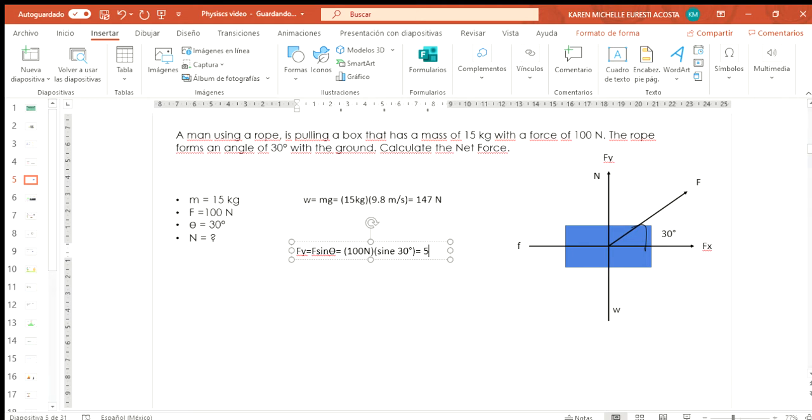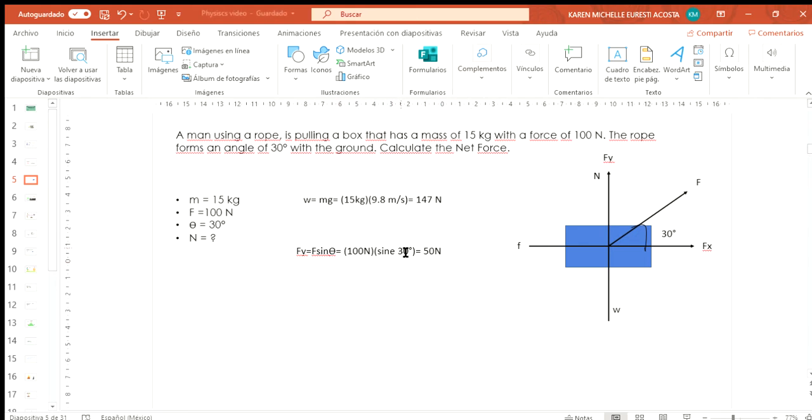And in the case of the Fx, instead of using sine, cosine is used, but in this problem we're not going to use Fx.